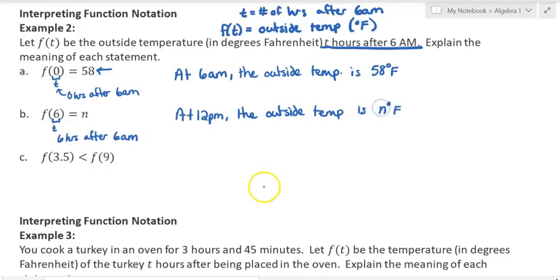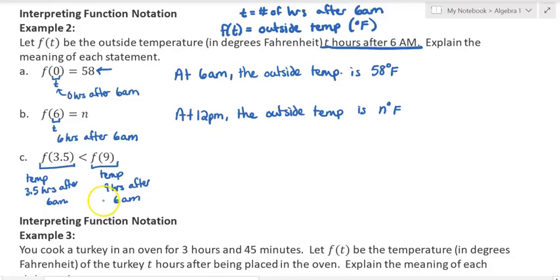We don't know what n is, but it's just what it states. Okay. This one represents f of 3.5. That represents the temperature when it is 3.5 hours after 6 a.m. And then this f of 9 represents the temperature 9 hours after 6 a.m.